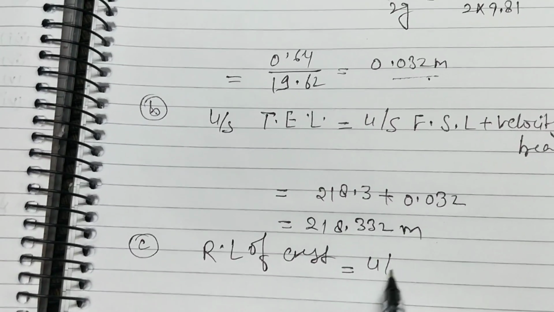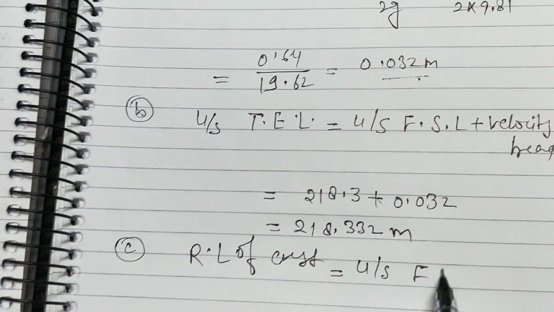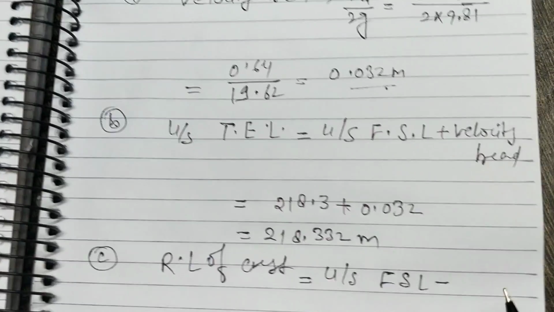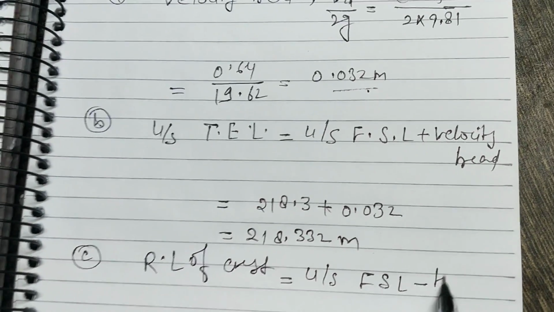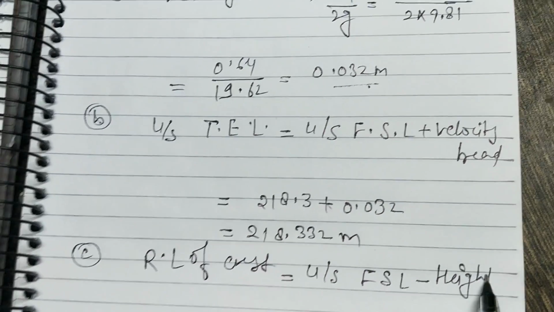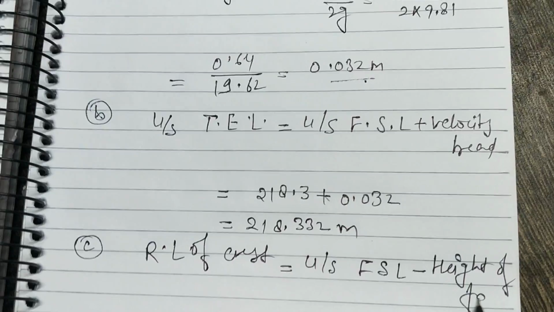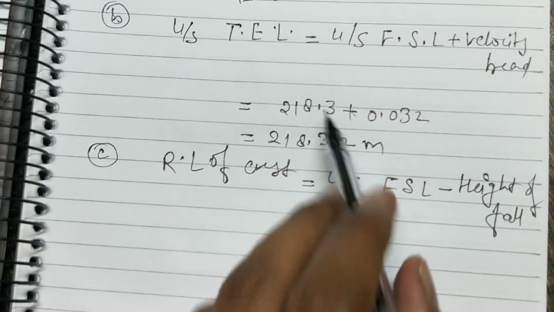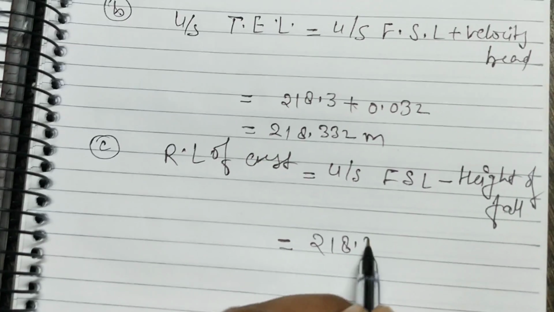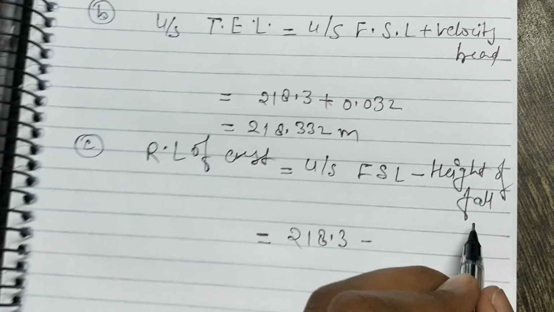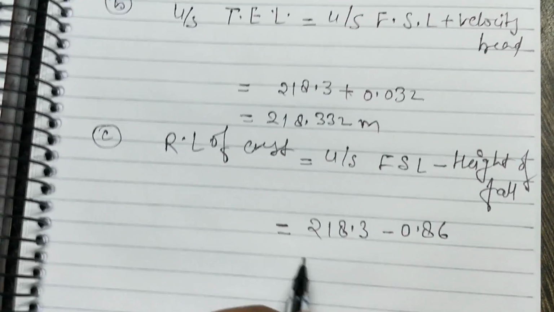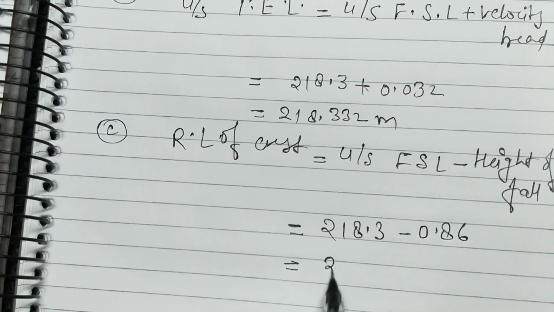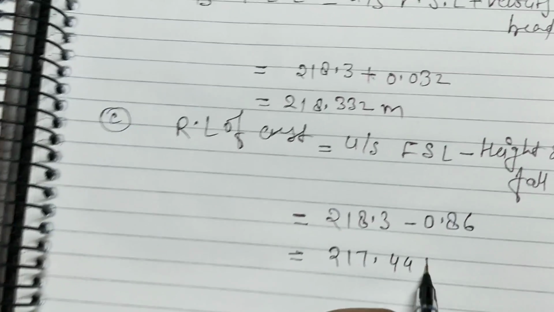And the third part, C of step number two, RL of crest, which is upstream FSL minus height of fall, capital H. Upstream FSL is 218.3 as used before, and height of fall was 0.86, so this will be 217.44 meter.